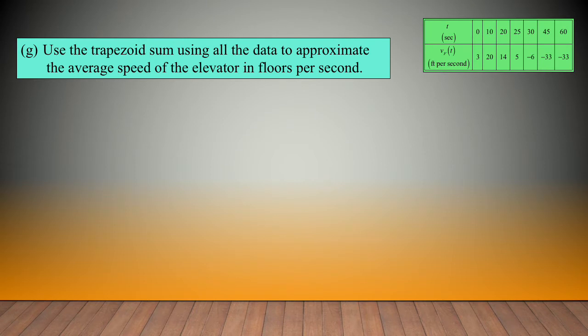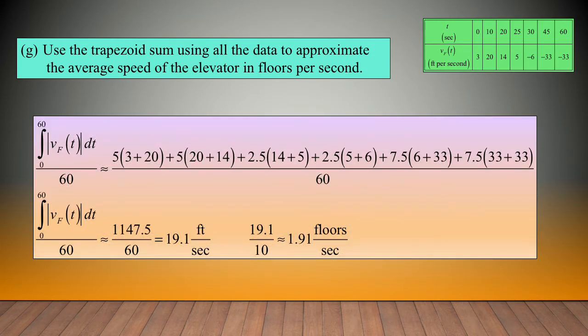In G, we're asked to use the trapezoid sum using all of the data to approximate the average speed of the elevator in floors per second. There is a trap here. Note that the problem asks for the average speed, not the average velocity. Speed is always positive.